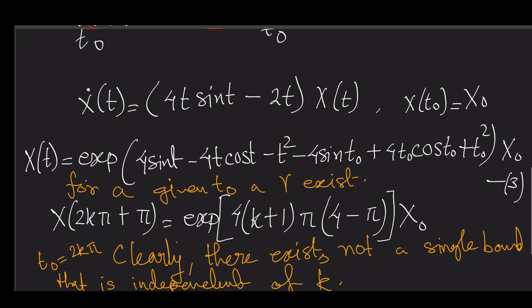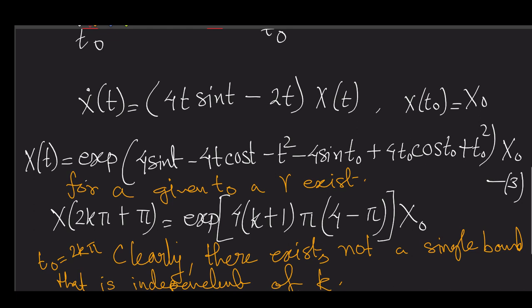Now see that clearly here we cannot have a gamma that is independent of our k. You will see that for a higher value of k we will have a higher value of gamma.